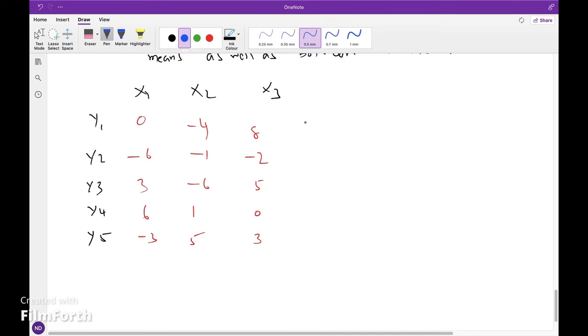Next, find the totals, because we need two-way classification. The row totals are 4, minus 9, 2, 7 and 5.